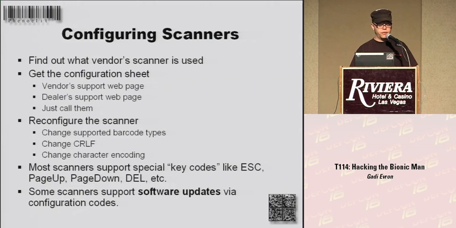You can change the supported barcode types, which means that the system that formerly thought it was only accepting, let's say, UPC barcodes, now suddenly accepts all types of barcodes. Because one thing that you need to know is all the scanners support all the barcode types. You don't buy a separate scanner for UPC or something.